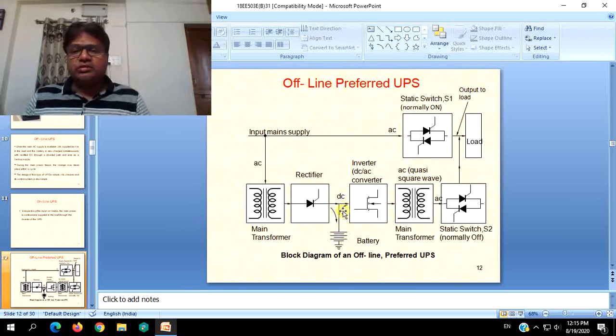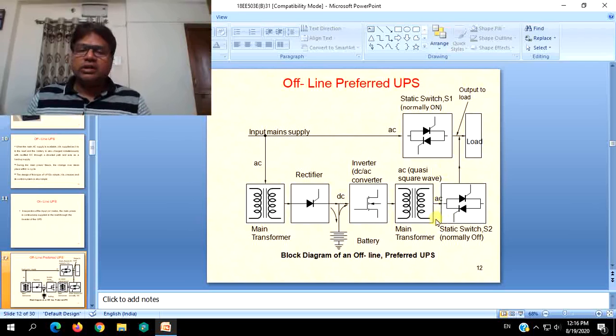Its DC output from the battery is converted back to AC by the inverter. It inverts DC to AC, which is fed to another transformer, obviously a step-up transformer, the output of which is a quasi square wave. Again, it is not a full square wave.